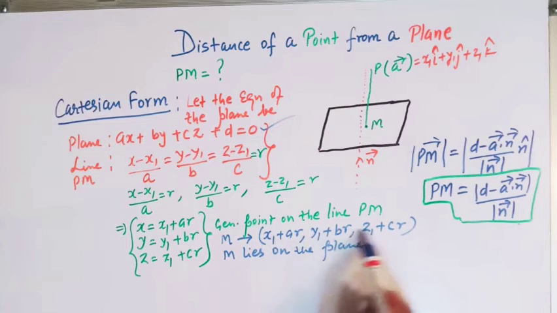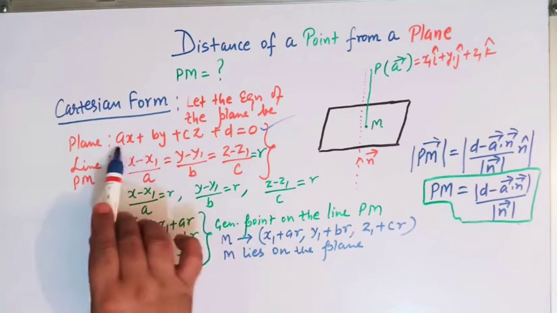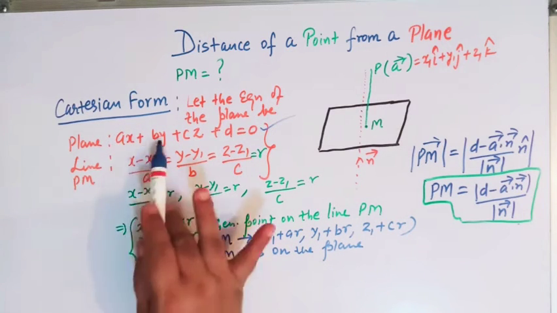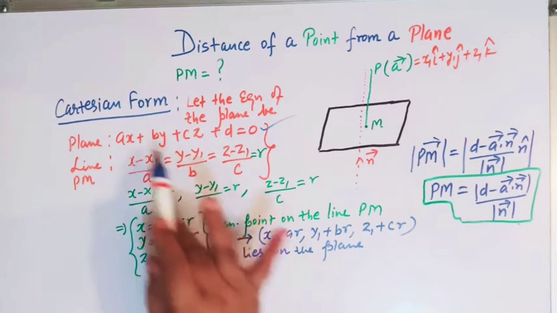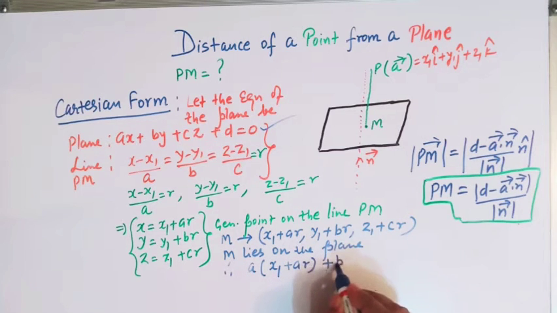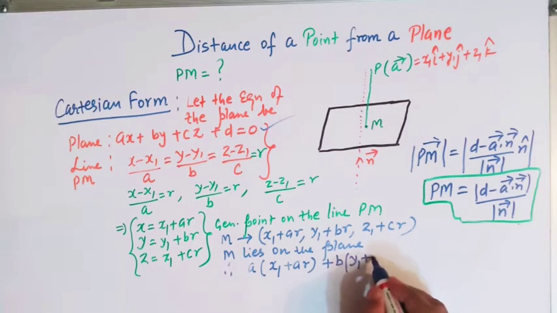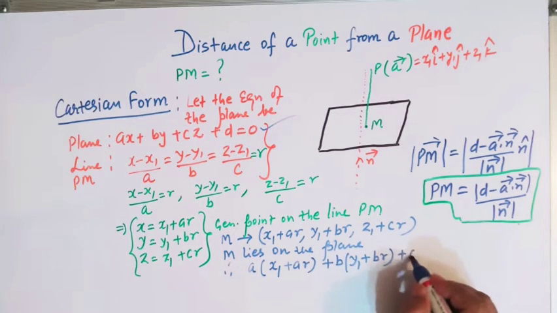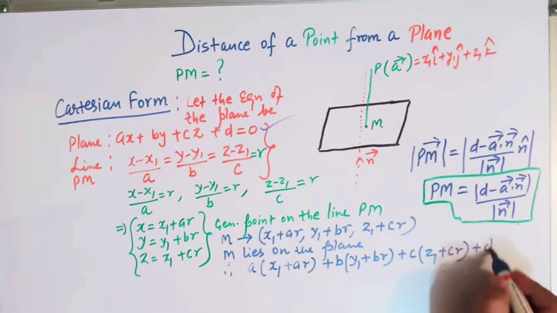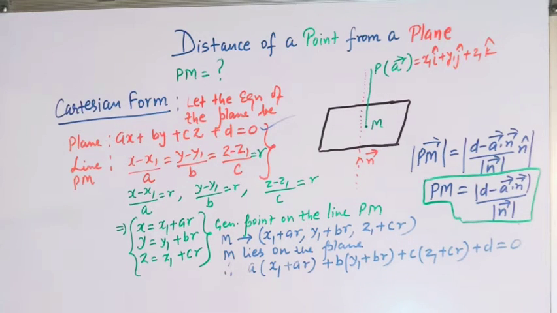So substituting for x, y, and z these values, we have a(x1 + ar) + b(y1 + br) + c(z1 + cr) + d = 0.